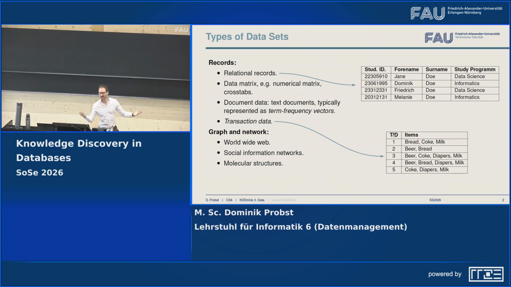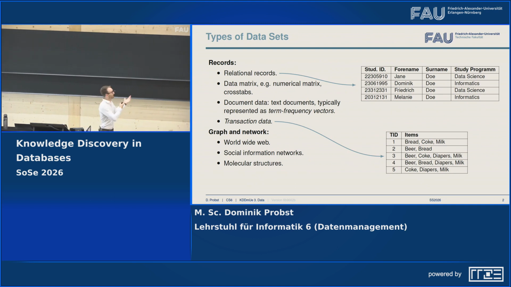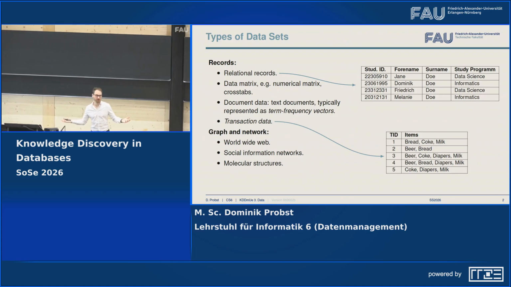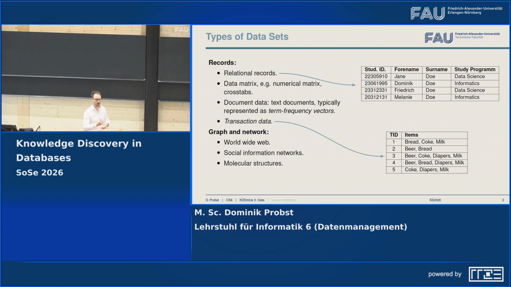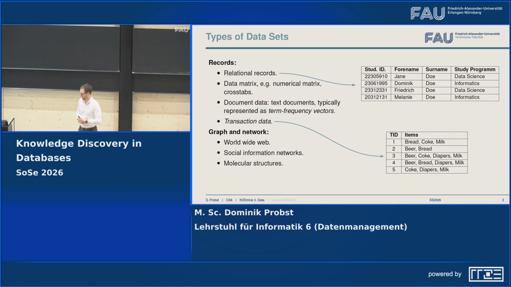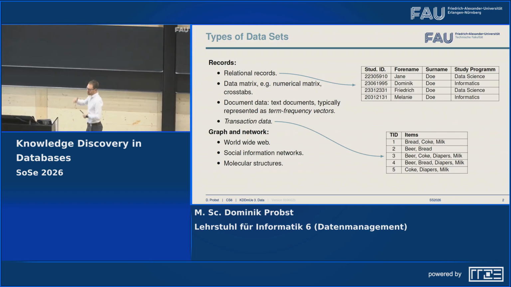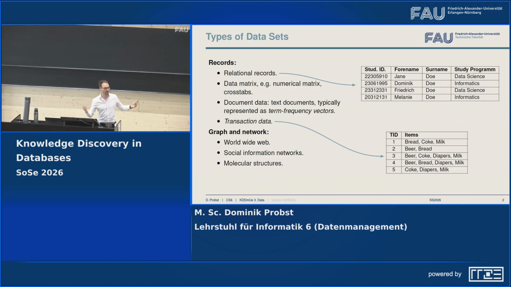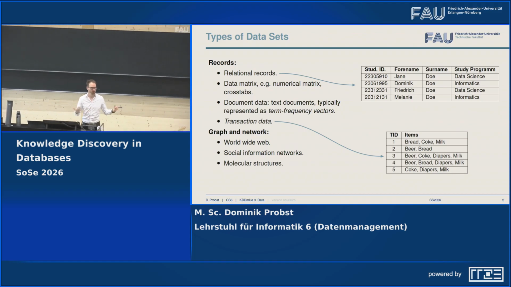So in the transaction 1, we would have bread, Coke, and milk in here. So basically a supermarket transaction, where you go to the supermarket and put multiple things in your basket and then check out all these items at once. That's a transaction.